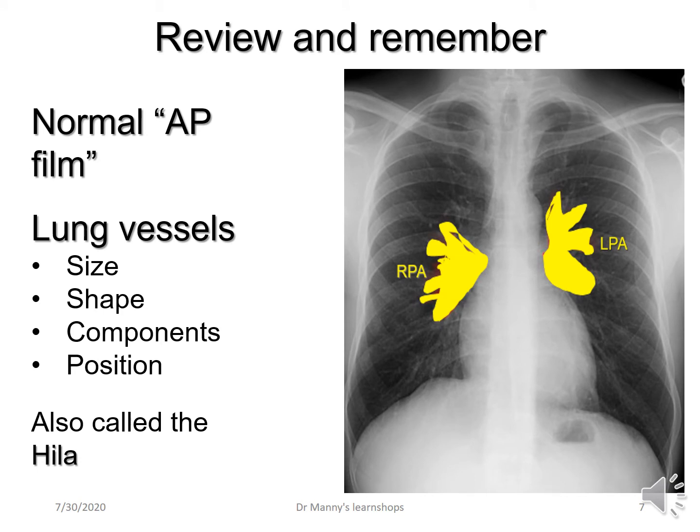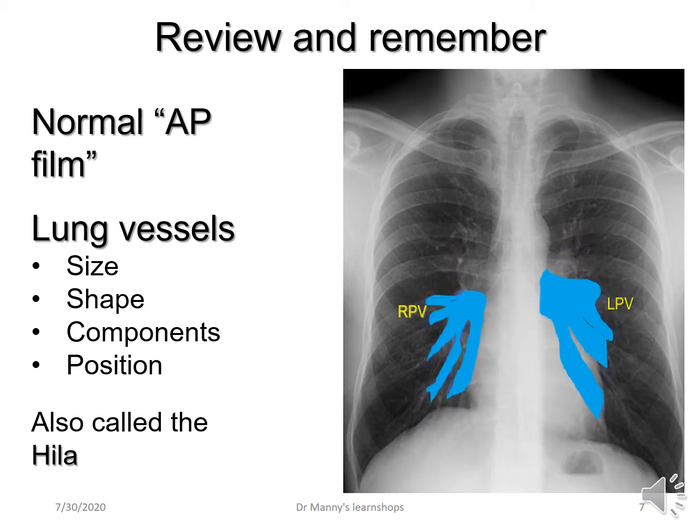This will become the right pulmonary artery and the left pulmonary artery, the hilar. This includes the right pulmonary veins and the left pulmonary veins, the hilar. And typically they're seen as off-white and not too congested, or not too white.